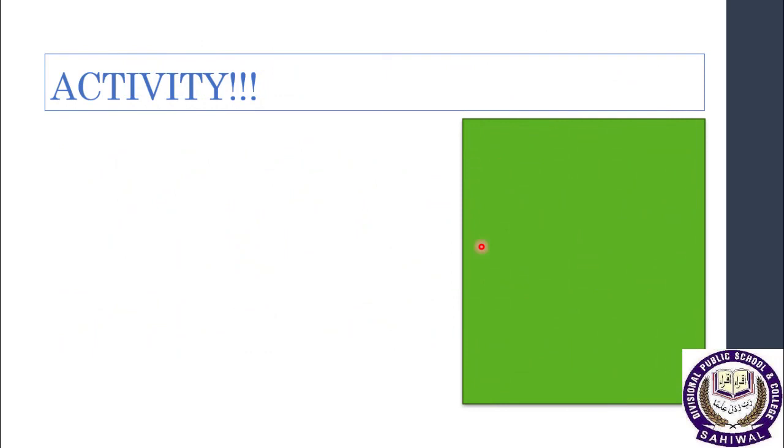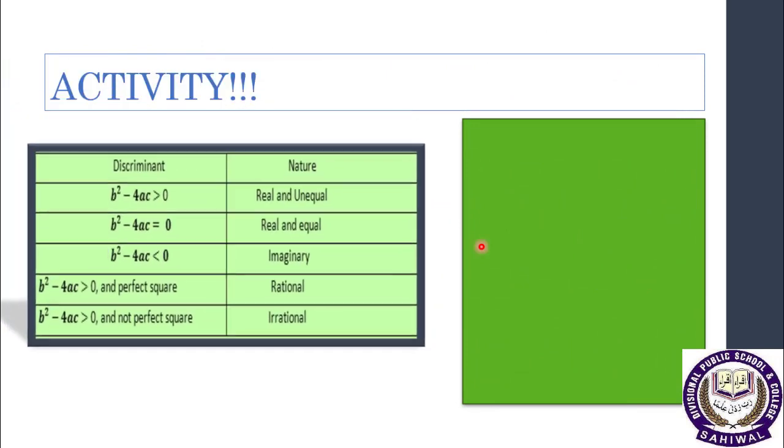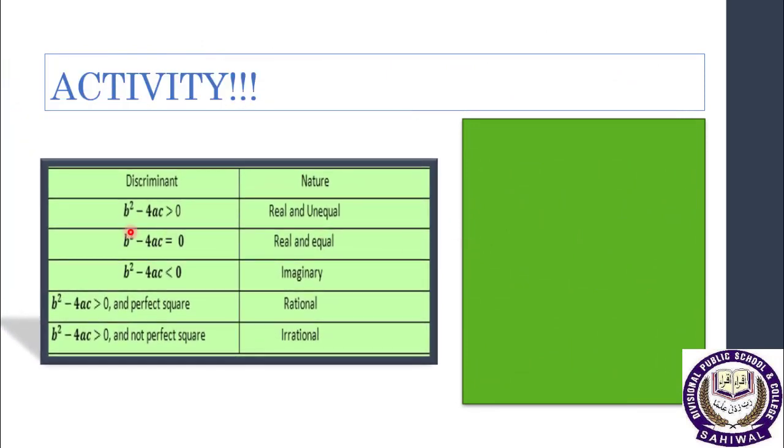Let's have an activity. Keeping this table in mind, we will find the nature of the roots from the given discriminants. If the discriminant is minus 12, since minus 12 is a negative number and it is less than 0, the roots are imaginary or the complex conjugates of each other.